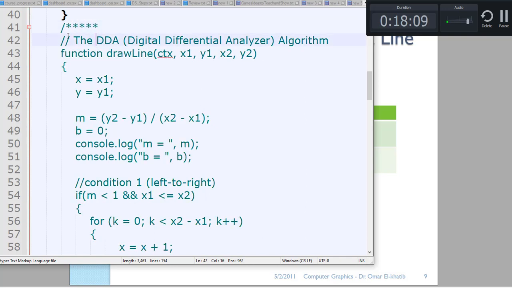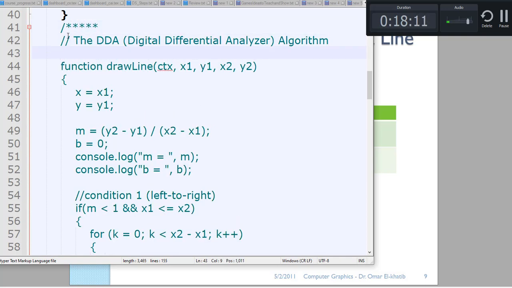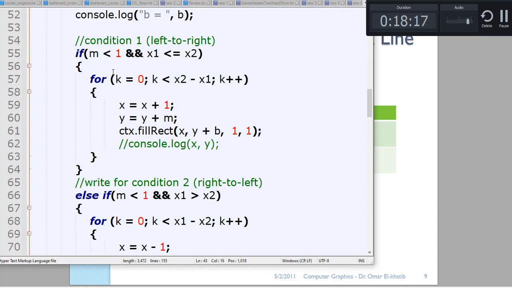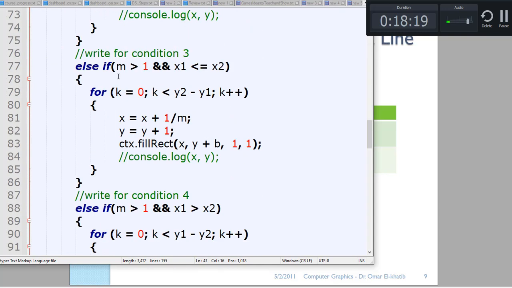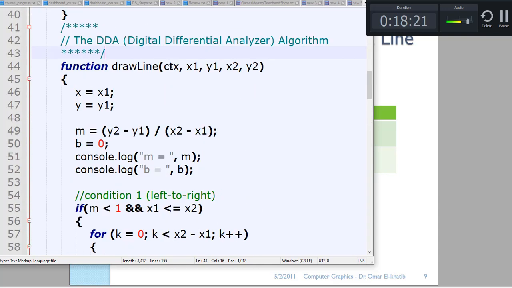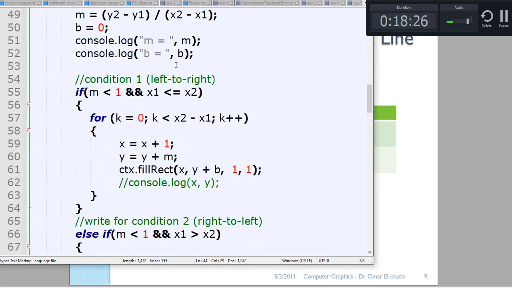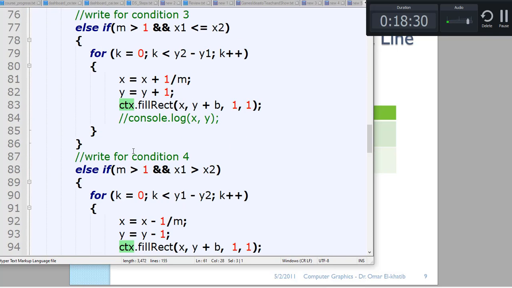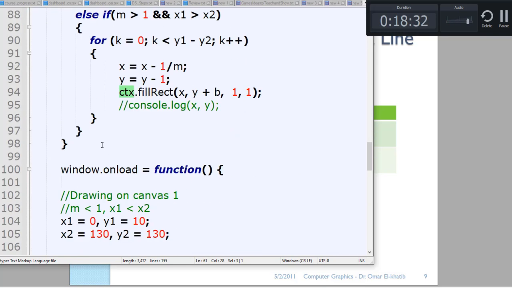Okay, so this is the DDA algorithm, which has 4 conditions. That's all. And this algorithm takes 4 points. We also use the context to draw, because for every point drawing we will use the context, and this is the end of the algorithm.